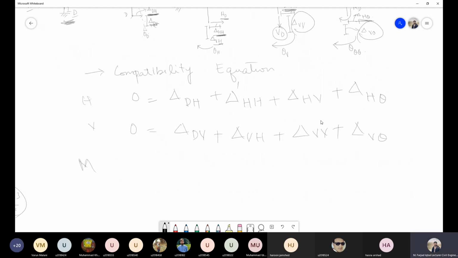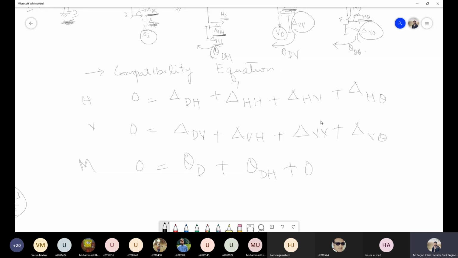And then we will write for the movement or rotation. In the initial one, again it is 0. In this structure, we have this theta D in the primary structure. Then we have this theta H, or I can call this theta DH. Let's call this one theta DH, and this as theta DV.